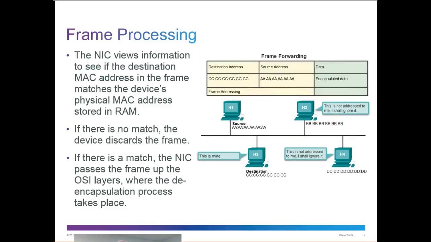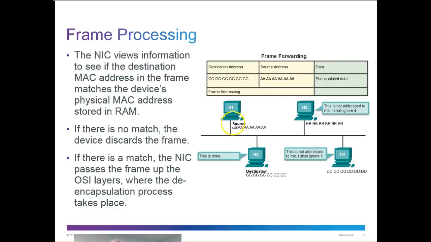And when it processes frames, a frame, all that data that we just talked about, comes in to a computer, and in that frame is the destination address where it's going, and here's the hexadecimal representation of that, and it has a source address where it came from. And then all of that data got wrapped into that one little area.